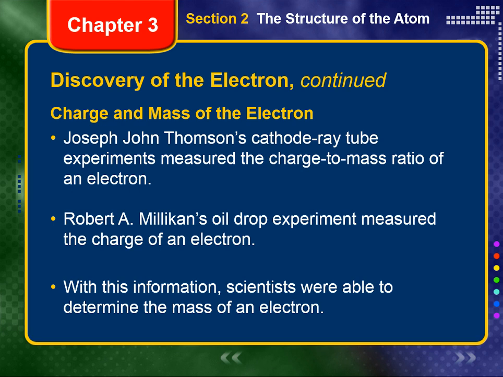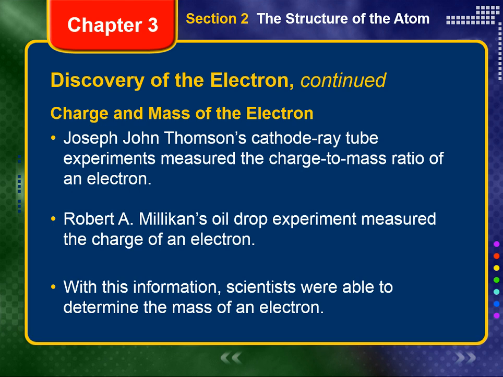Millikan's experiments also confirmed that the electron carries a negative electric charge, and because cathode rays have identical properties regardless of the element used to produce them, it was concluded that electrons are present in atoms of all elements. Thus, cathode ray experiments provided evidence that atoms are divisible and that one of the atom's basic constituents is the negatively charged electron.